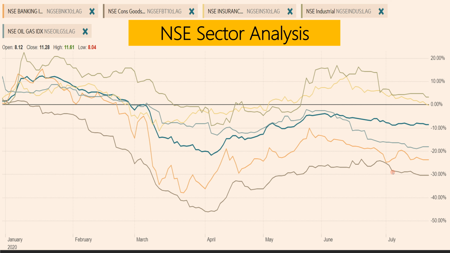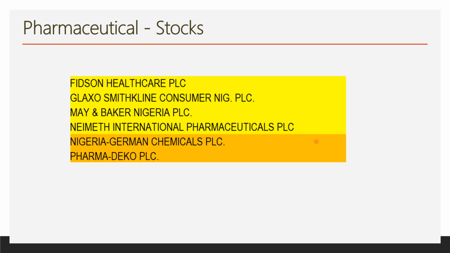Okay, we just want to assume for now that we are picking consumer goods. We don't have any index for industry on the Nigerian Stock Exchange, so we just go straight to comparing the stocks with the sector. For the pharmaceutical industry, we have only six stocks there.